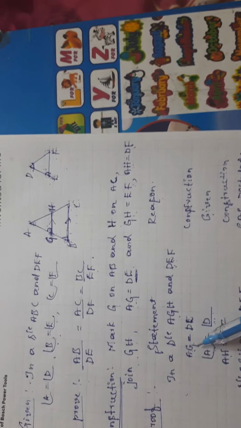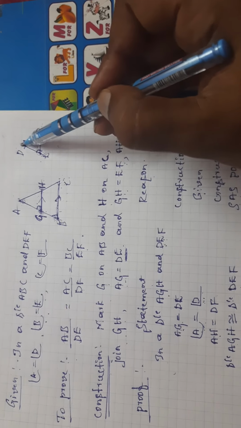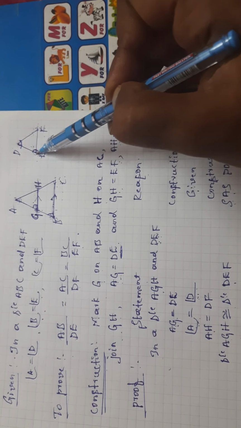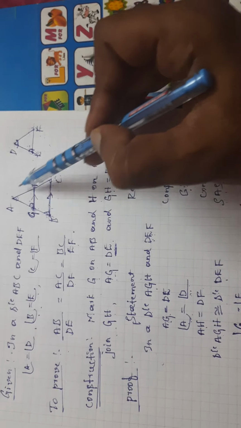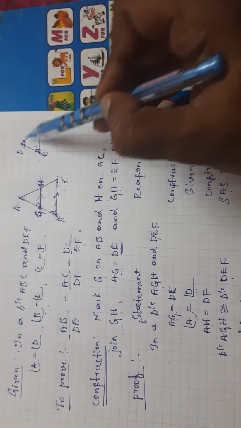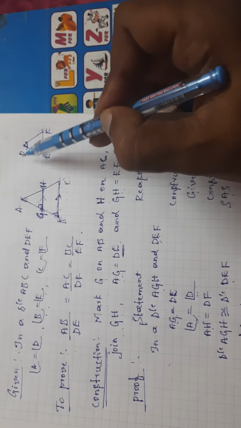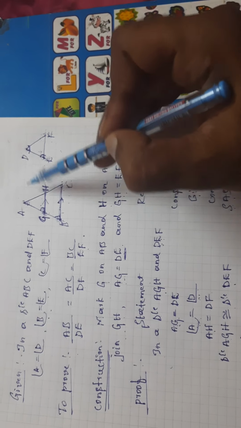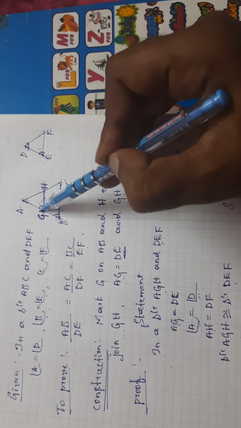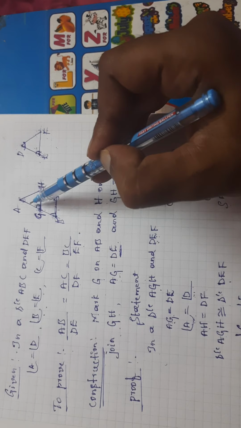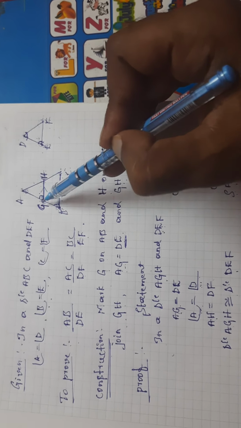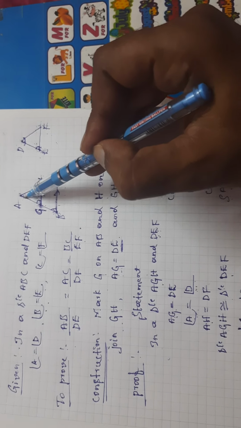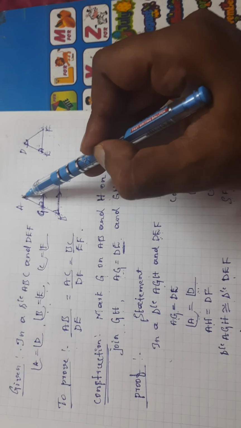That is, AG is equal to DE, included angle A is equal to angle D, AH is equal to DF. Why do we call angle A and angle D the included angle? Because AG and AH are taken in this triangle, and these two sides are meeting at one point, that is A.